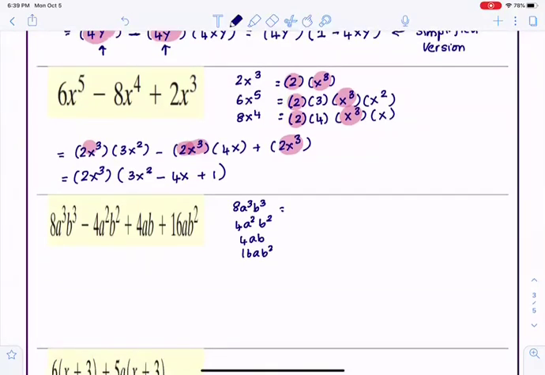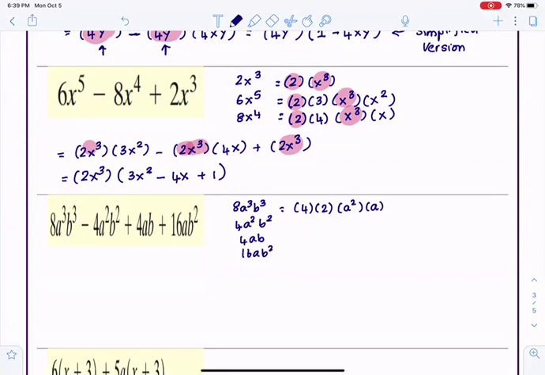So I'm going to write 8 in terms of 4. I could write it as 4 times 2. Then I'll look at the exponents for a. The smallest exponent that I see is 1 for a. So I'm going to write a cubed as a squared multiplied by a.